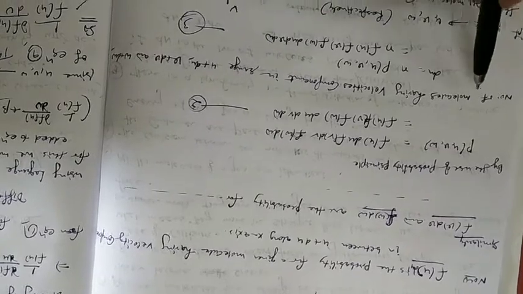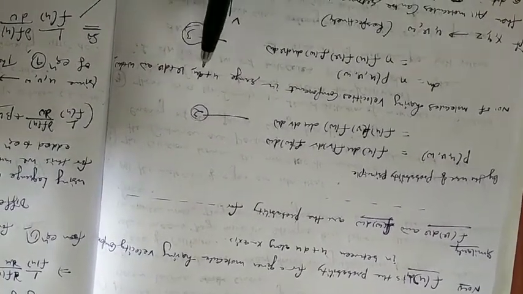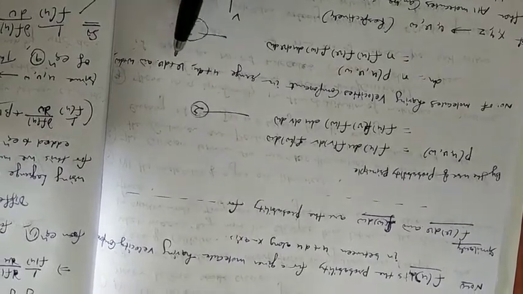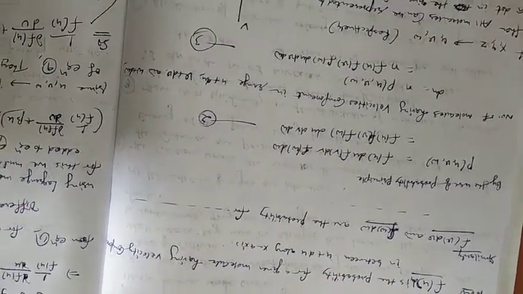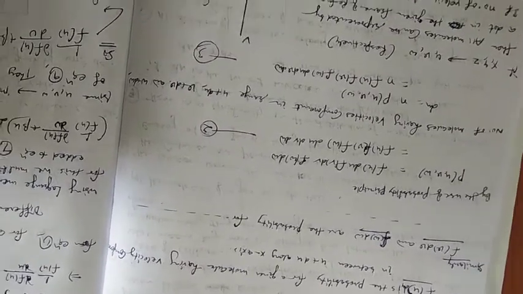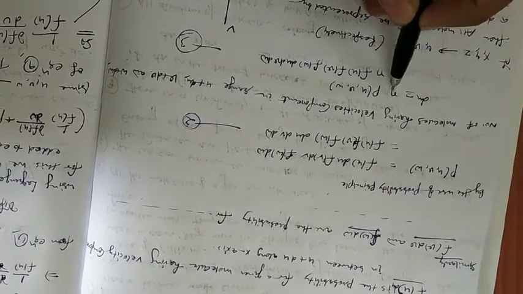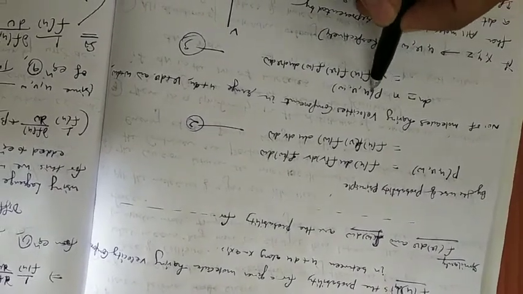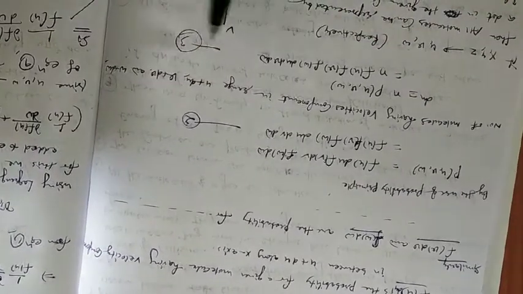And the number of molecules having velocity components in the range u plus du, v plus dv and w plus dw is given by n times this probability. This is equation 3.